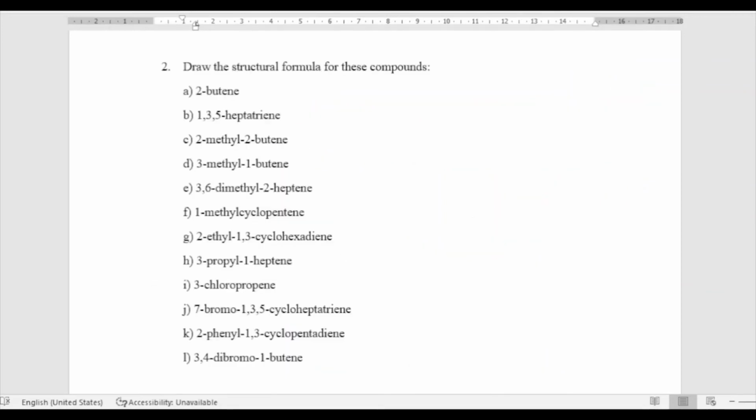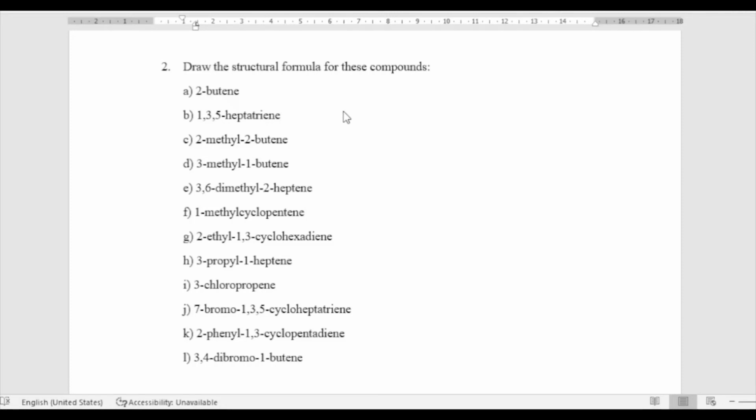Okay, let's move to the second question, on drawing. Draw the structural formula for this compound. 2-butene, I think no problem for you. Let's look at 2B, 1,3,5-heptatriene.